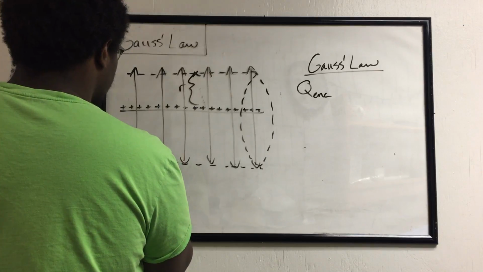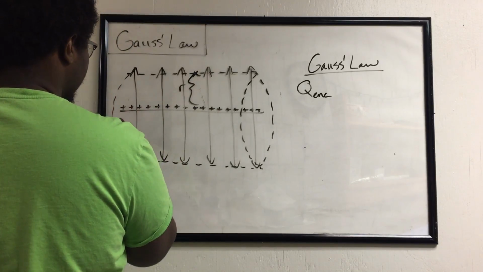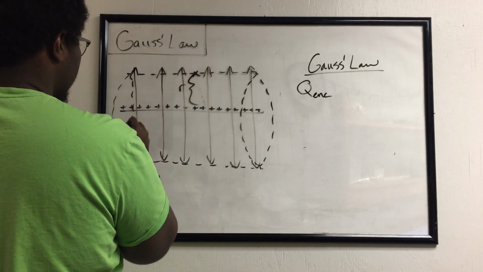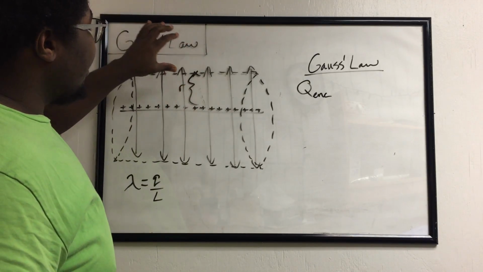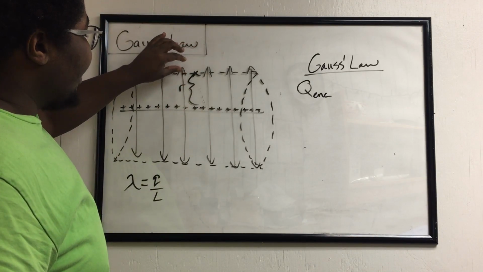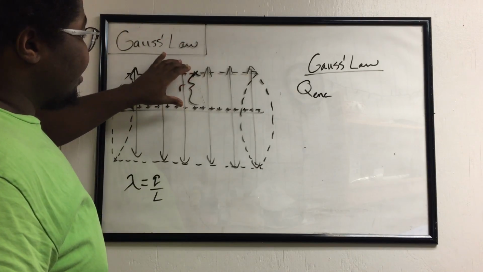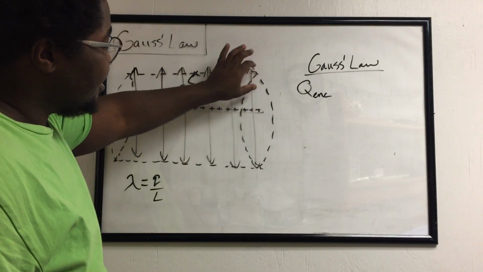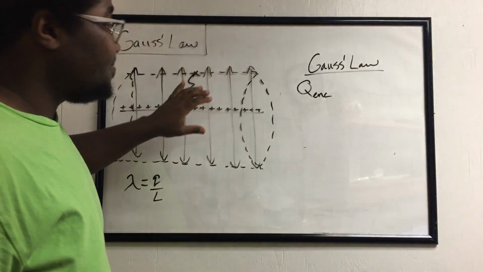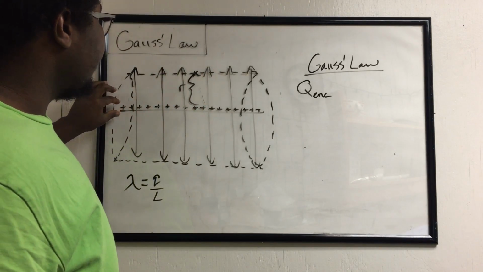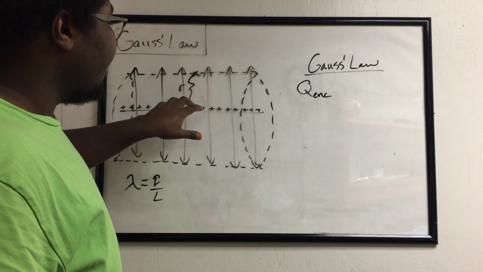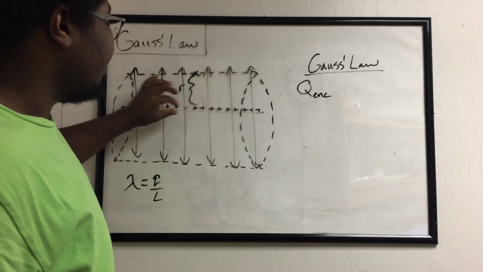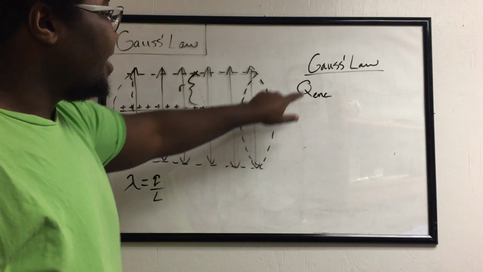And notice that the cylinder encapsulates everything, and that the point that we're finding is the radius of this circle. So very important point. Since we're calculating the enclosed charge, which is all along this line, this is Q.